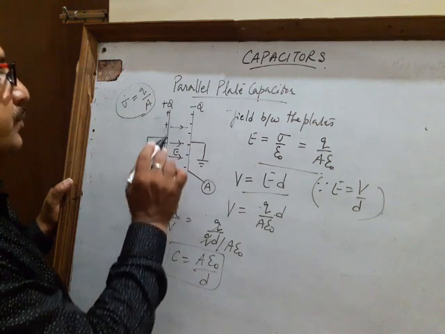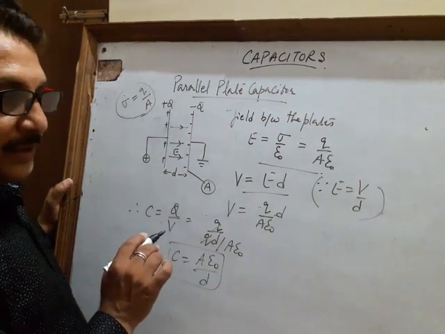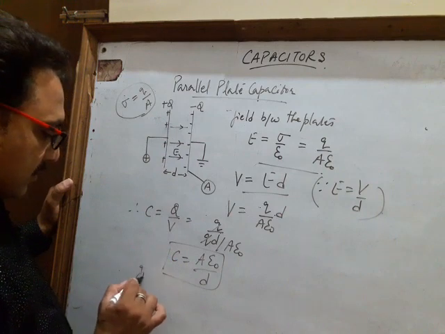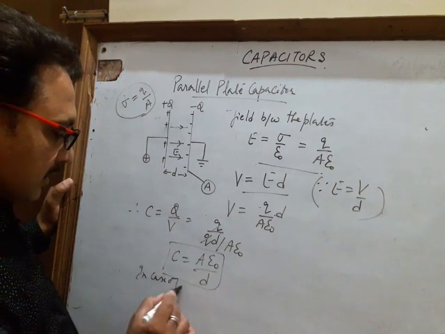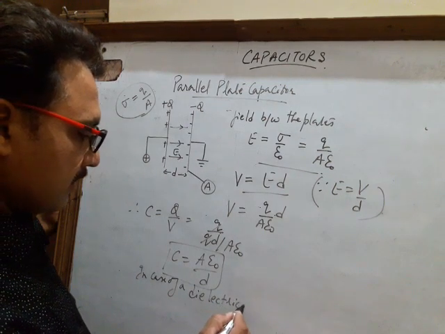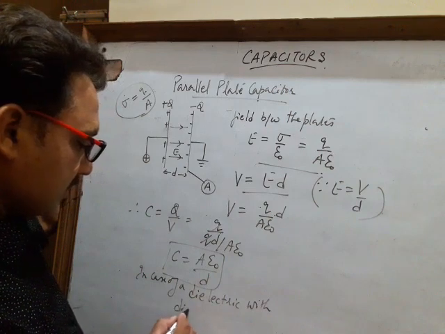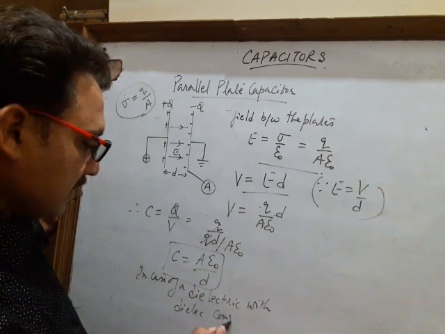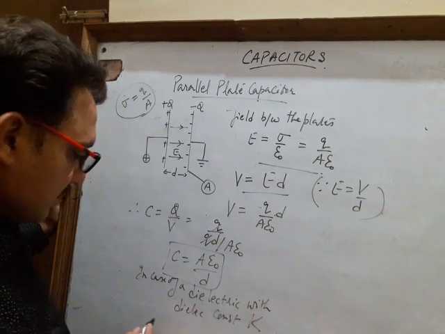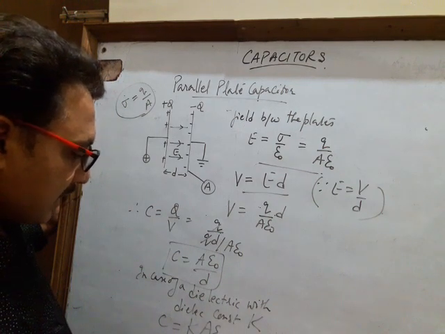And if the plates contain a dielectric between them, a dielectric with dielectric constant K, C becomes K A epsilon naught upon d.